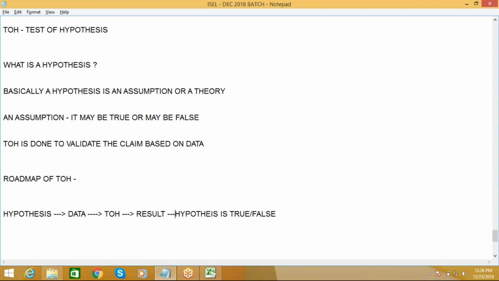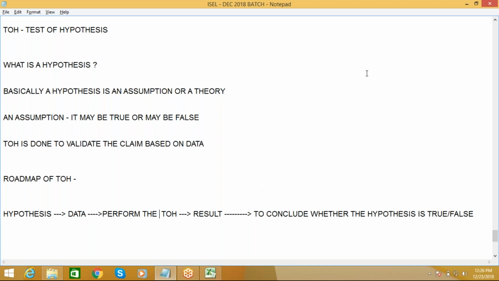This is how it works. First we'll have a hypothesis, collect some data, perform the test of hypothesis, and interpret the result to conclude whether the hypothesis is true or false.